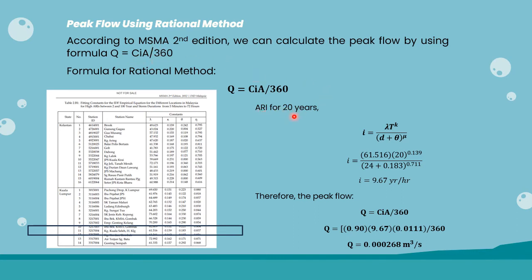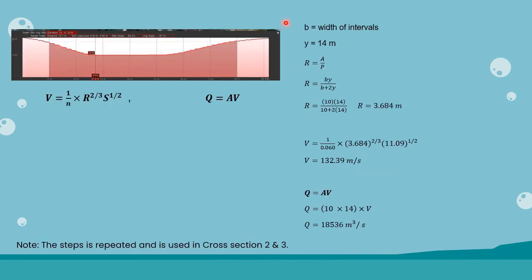For ARI of 20 years, we need to find first the I, which is the intensity, and based on the MASMA given, we can find all the unknowns here, and then substitute the values, and we got the intensity, which is 9.67 year per hour. So therefore our peak value, we just substitute the data, and then we got Q equal to 0.0026 meters.